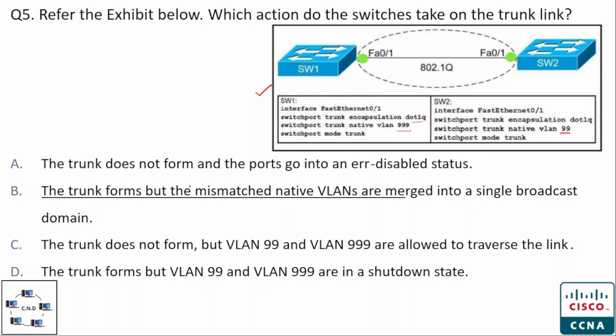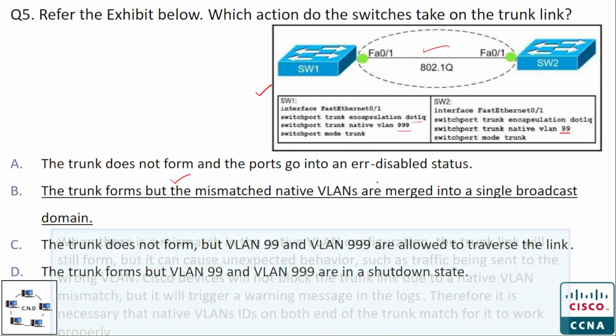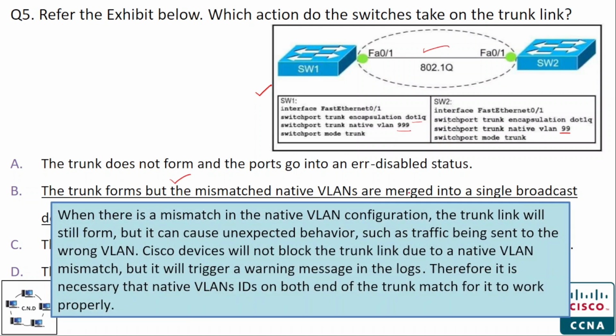And the correct option is that the trunk forms but the mismatched native VLANs are merged into a single broadcast domain. So the trunk port will form, but due to mismatched VLAN IDs it will have some issues, and these are explained here.